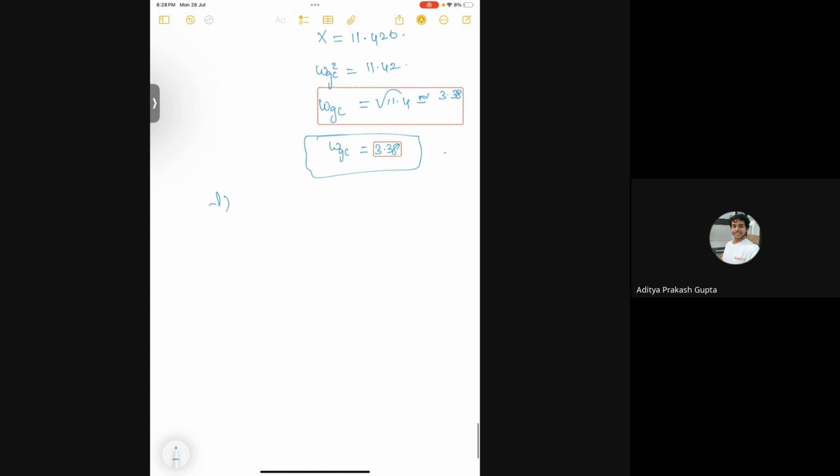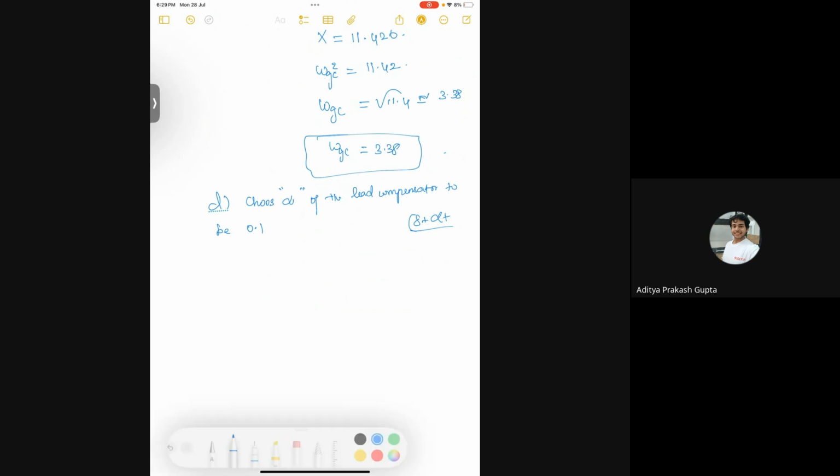The fourth question being asked is, choose alpha of the lead compensator to be 0.1. You know the lead compensator form, right? s plus 1 by T over s plus 1 by alpha T. For that, they are asking us to consider alpha equal to 0.1.